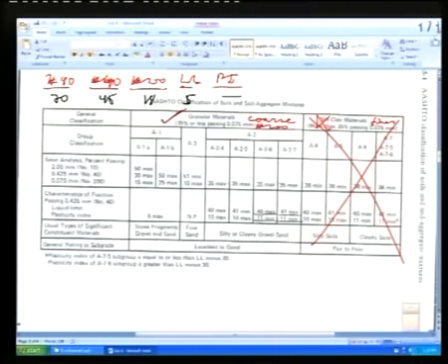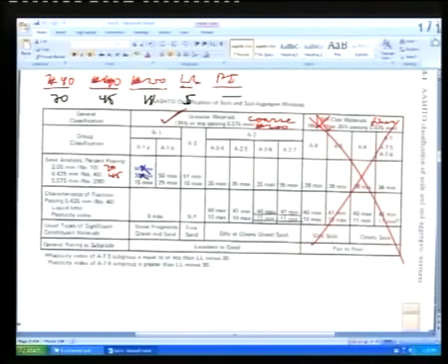Number 10, how much? 70, right? Now, I have A1A, 50 maximum. What should I put here? Nothing. Number 40, how much? 45. 30 maximum?